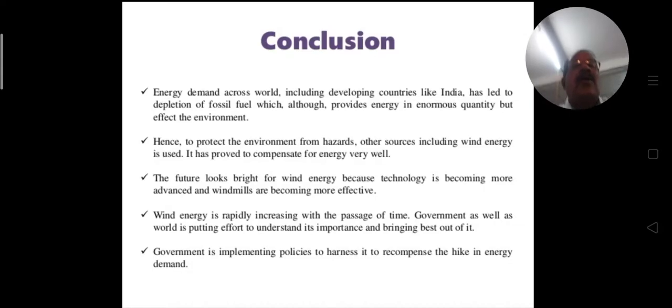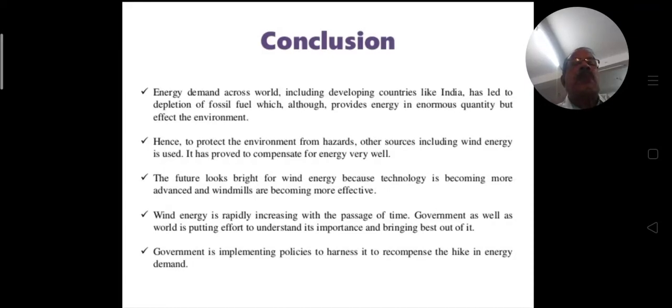And the future looks bright for wind energy because technology is becoming more advanced and windmills are becoming more effective. This wind energy is rapidly increasing with the passage of time. Government as well as the world is putting effort to understand its importance and bring the best out of it.